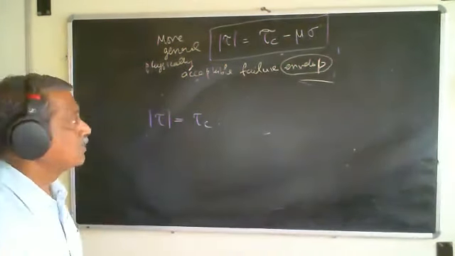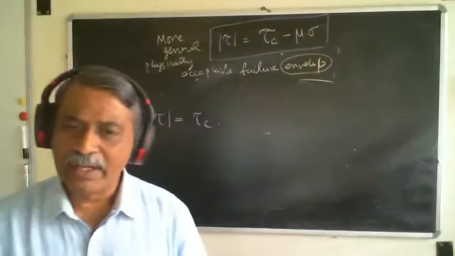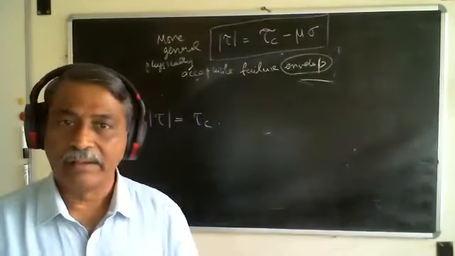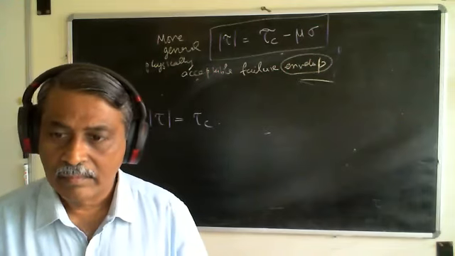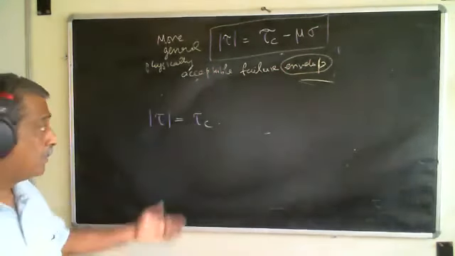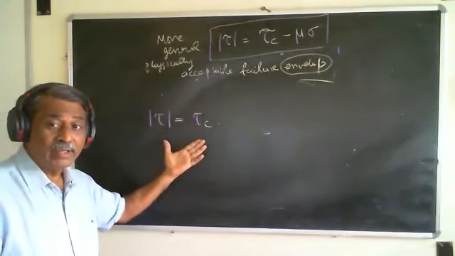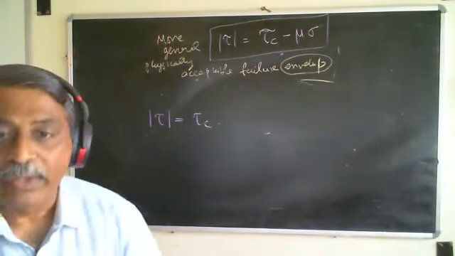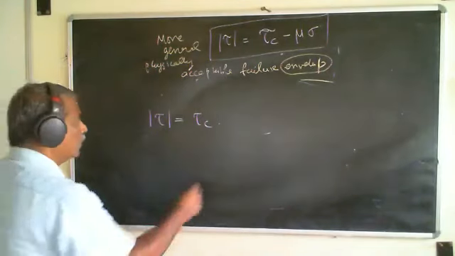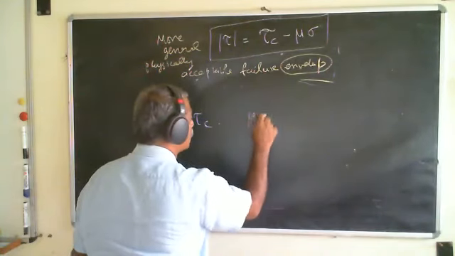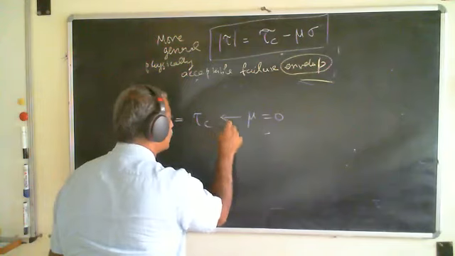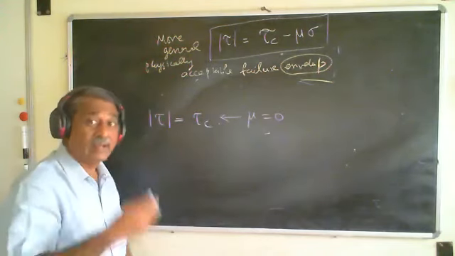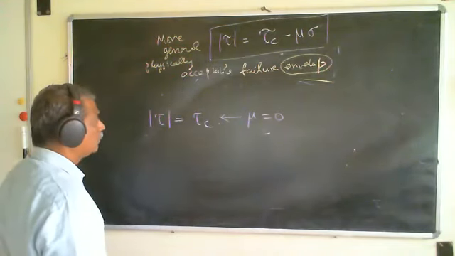Just put sigma equal to 0, but sigma equal to 0 is something that I apply. For what kind of materials will tau is equal to tau c be valid? Mu equal to 0, right? So if I put mu equal to 0, then I get back this, which was proposed by Tresca, right?